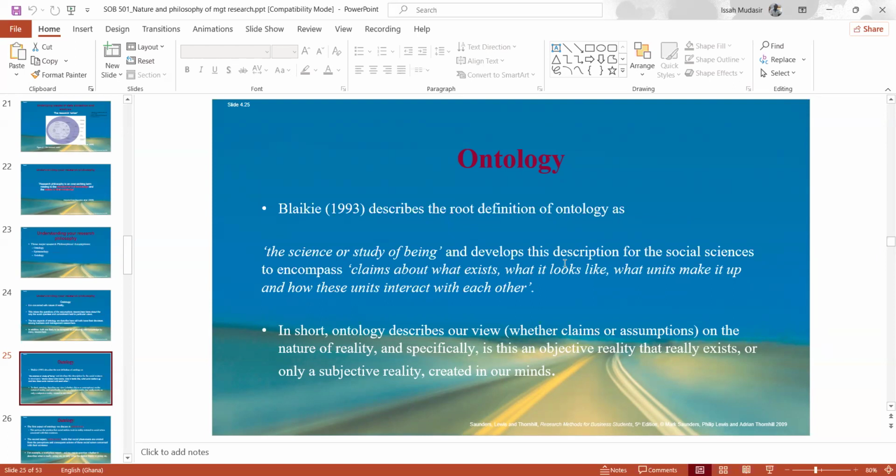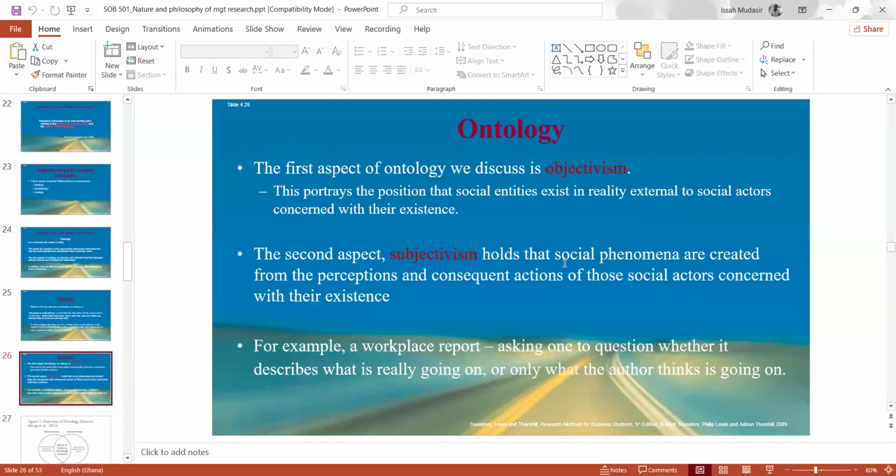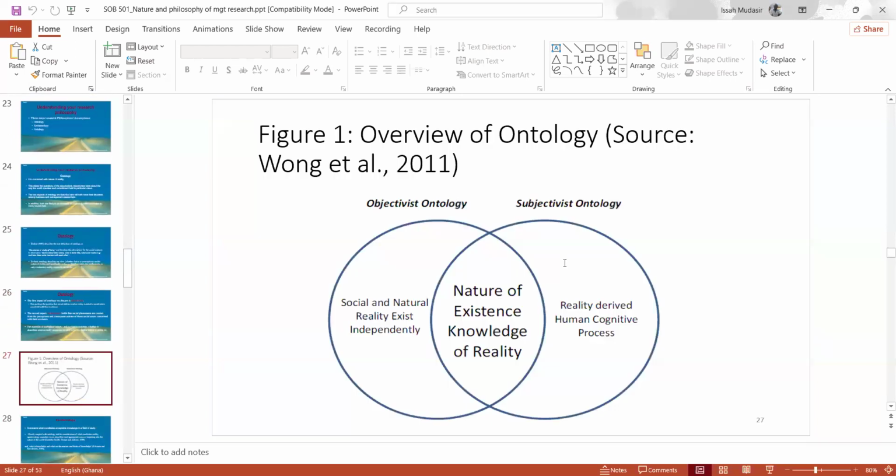Now, this is what I was talking about, subjectivist ontology and then objectivist ontology.